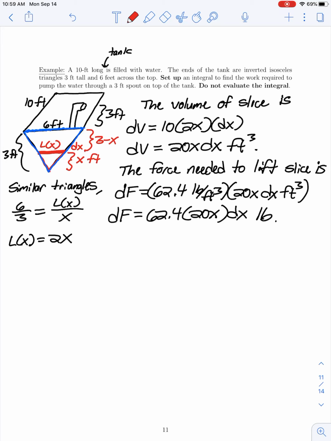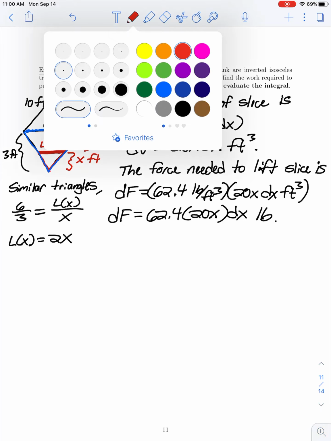So this slab has to travel 3 minus x feet to get to the top edge of our tank. But recall it's then being moved through a 3-foot spout on top of the tank. So the total distance traveled will be 3 minus x plus 3, or 6 minus x feet.